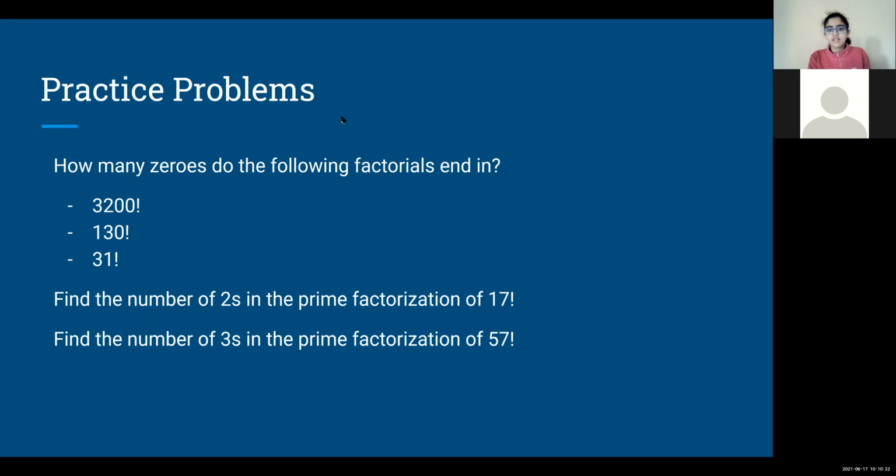I can't see the chat from before I crashed, so I don't know if we have anyone. We have one answer for number 5. I don't know if we got any private messages, but yeah, we got one answer. So we'll wait for one or two more to roll in, and then move on.